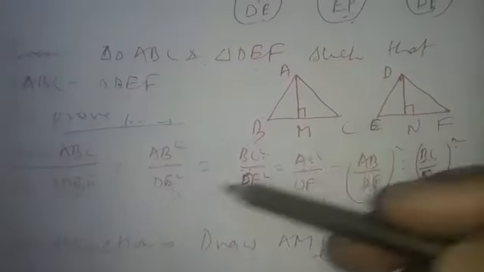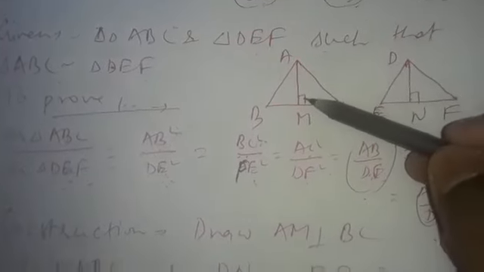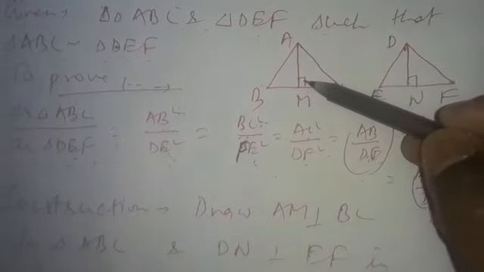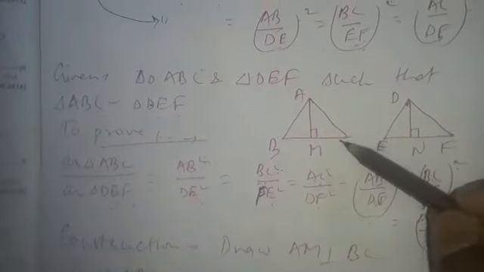Now to prove this theorem, the things we have to prove I have explained earlier. To prove it, we will do some construction. The construction will be that we draw perpendiculars from both the vertices A and D to their respective bases.